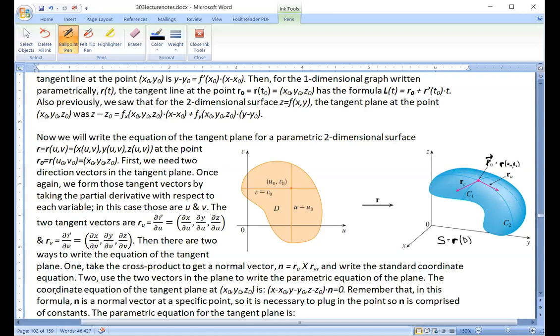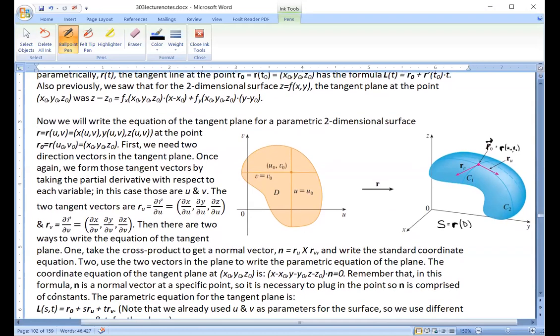Now the second way, which has only been mentioned in passing before: we know that those two tangent vectors are in the tangent plane, so we can write the tangent plane parametrically. So how do we do that?